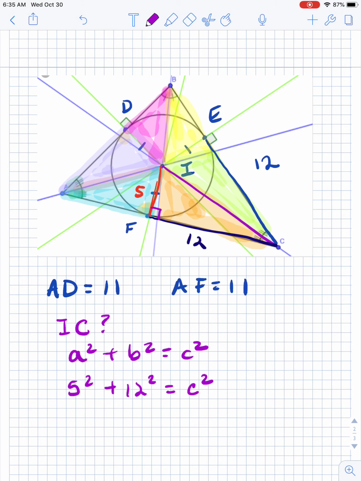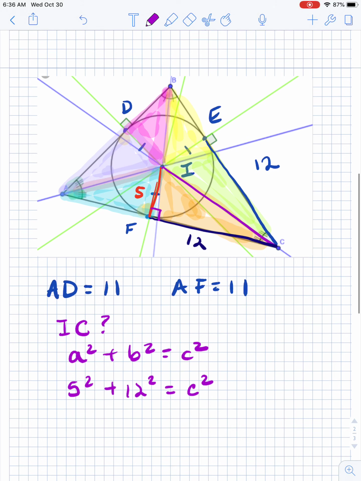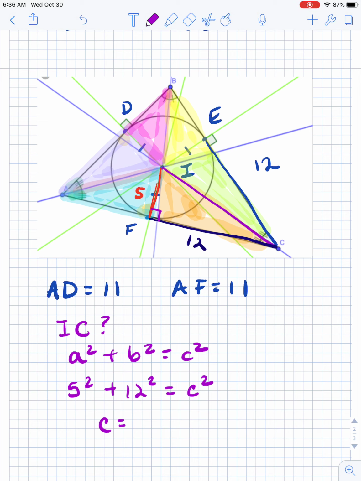So then I just do that math and I figure it out, okay? So I'm not going to do all the math on here, but trust me when I say c is going to be equal to 13. Okay, you guys can check that out in your calculators later, okay? So then I can find the length of CI, or IC. So that means that IC is equal to 13, okay? And that would be my answer there, okay?